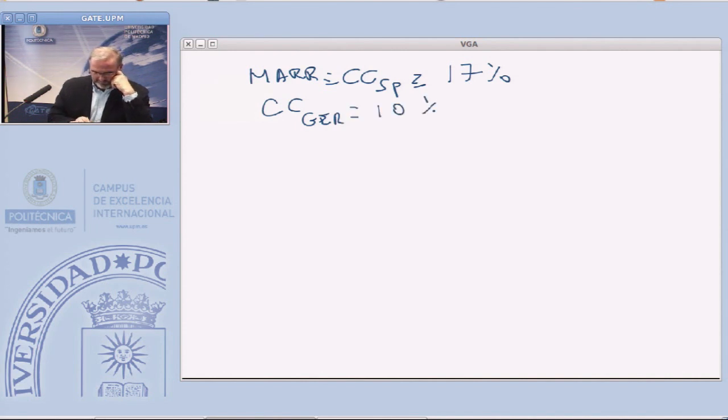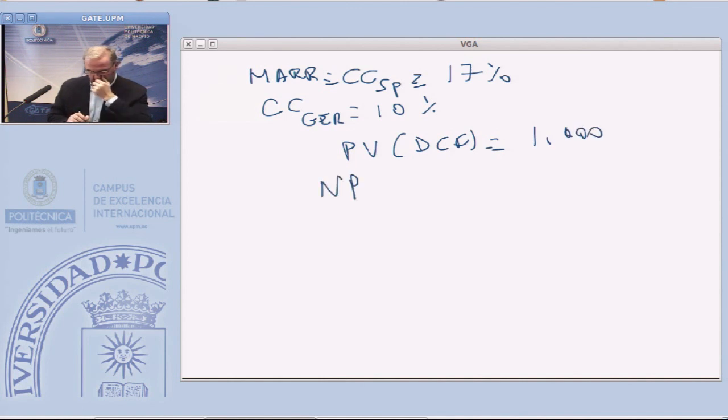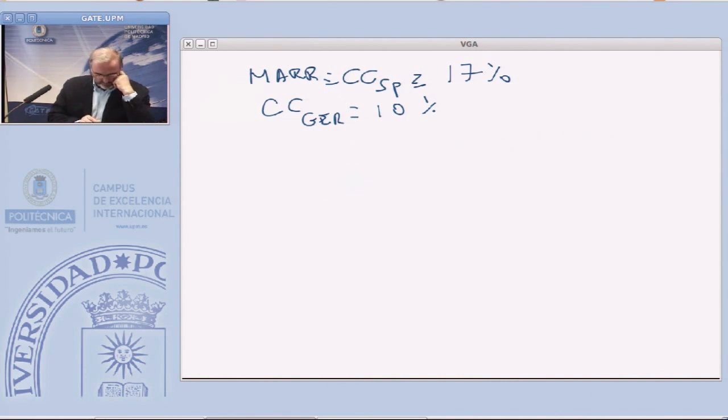So imagine we have a present value of discounted cash flow of a project equal to 1,000. Forget that. We are going to estimate the effect on one future cash flow.